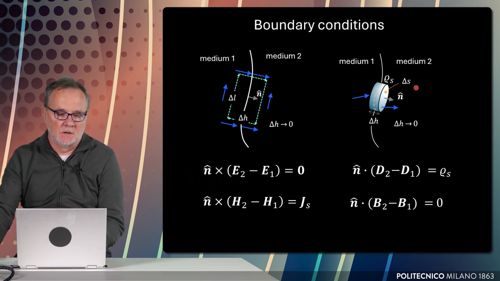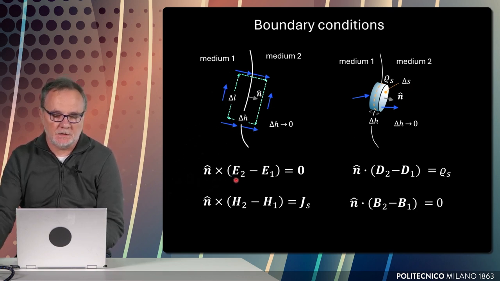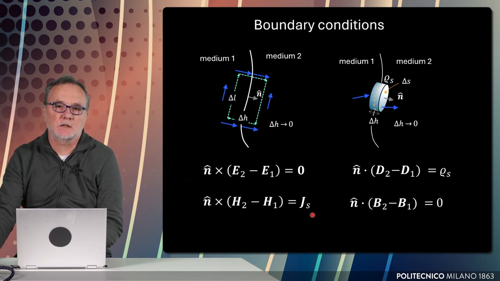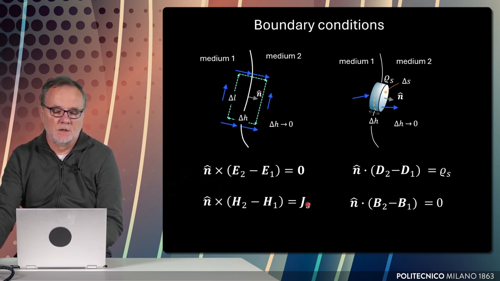Specifically, the tangential component of the electric field must be continuous in passing from one material to another, and so must be the tangential component of the magnetic field when there is no electric surface current flowing at the interface. If there is an electric surface current flowing at the interface between the two materials, the boundary condition for the magnetic field is represented by this equation.